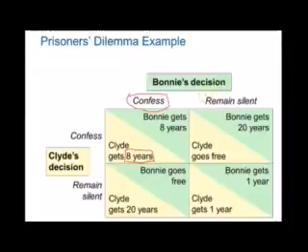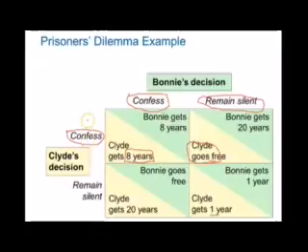On the other hand, if Bonnie remains silent, then Clyde is looking at whether he should do 1 year or he could go scot-free. Clyde wants to go scot-free, doesn't want to spend 1 year in prison, so Clyde's best decision is to confess. So no matter what Bonnie does, confess or remain silent, Clyde's best decision or dominant strategy is to confess.